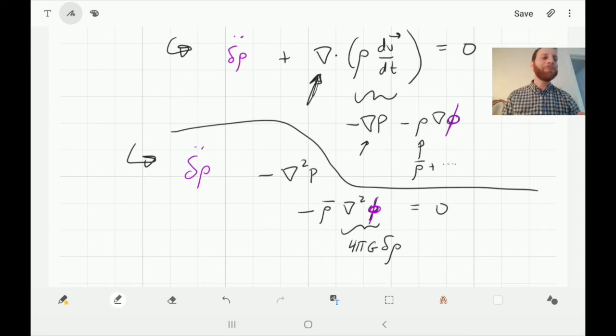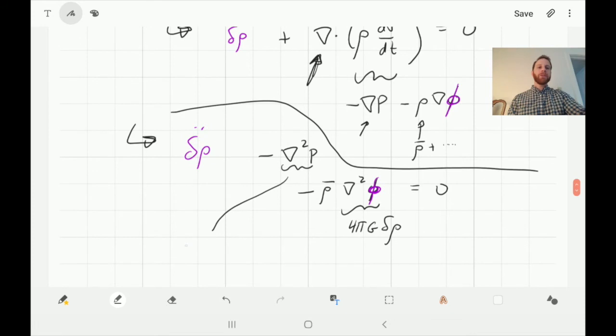Okay, good. And this term here, the Laplacian on pressure: I can replace the pressure with the background value plus the small perturbation, which I can write as the derivative of pressure with respect to rho, evaluated at rho bar, times a little delta rho.